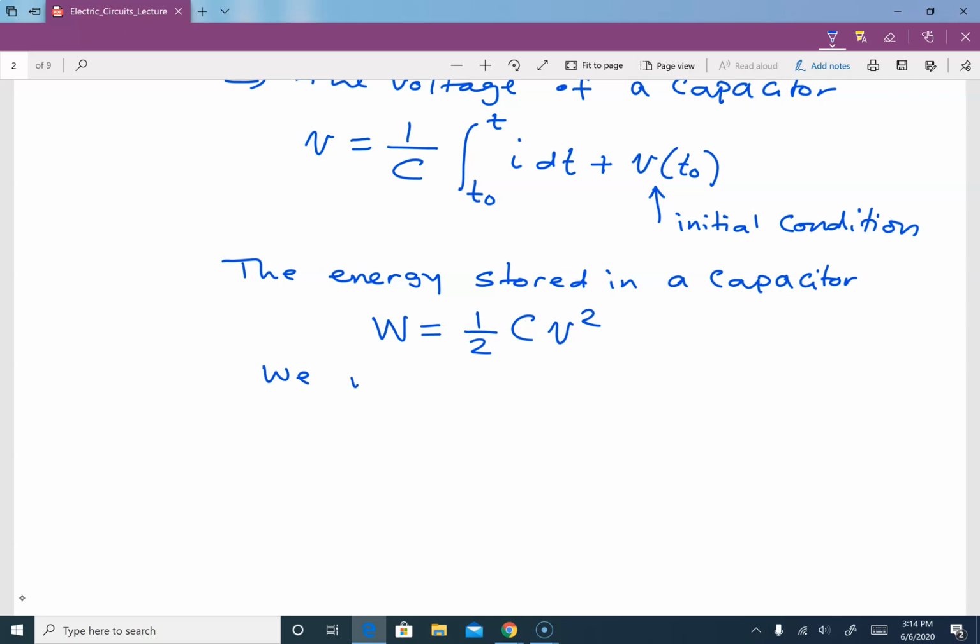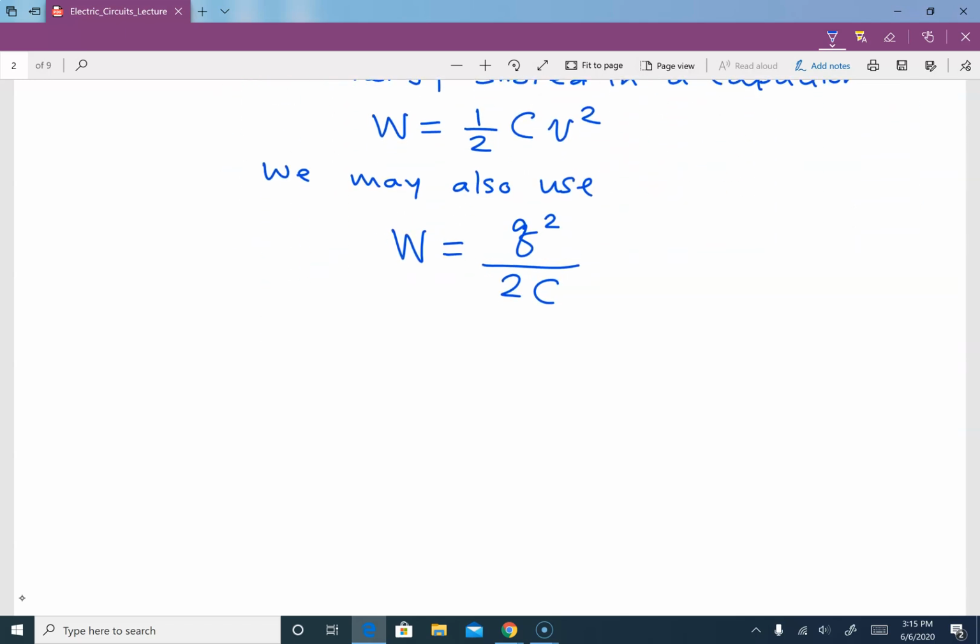We may also use energy is equal to Q squared divided by 2C. So either formula will give us the right answer. It depends on the given quantities.